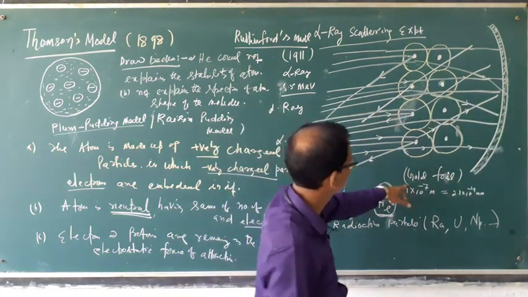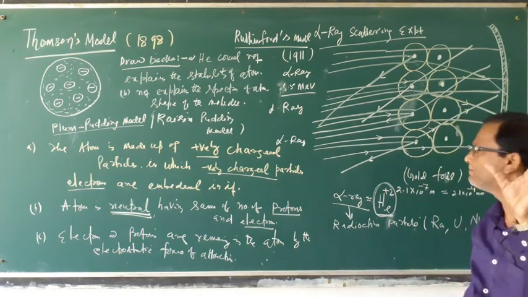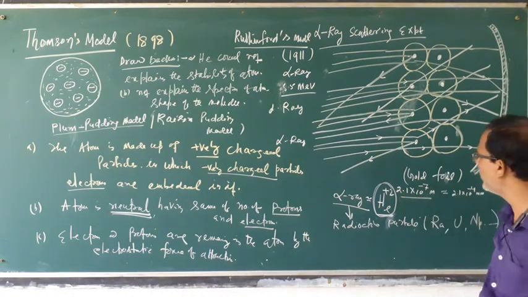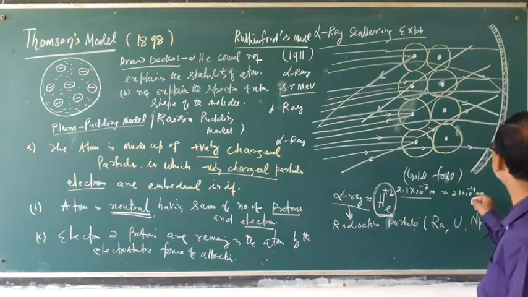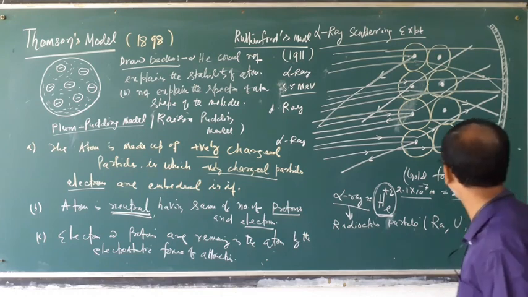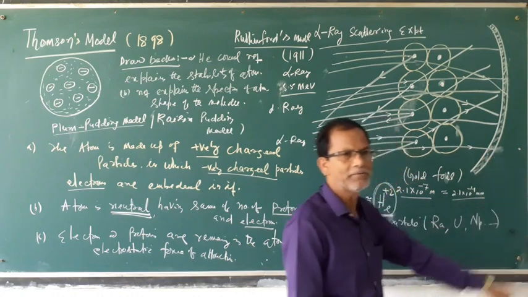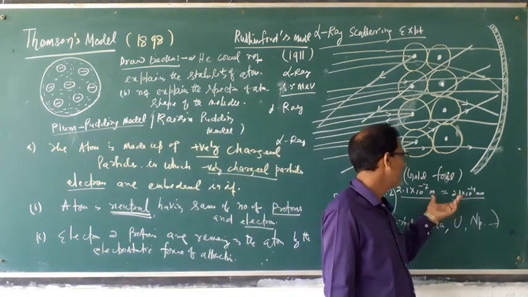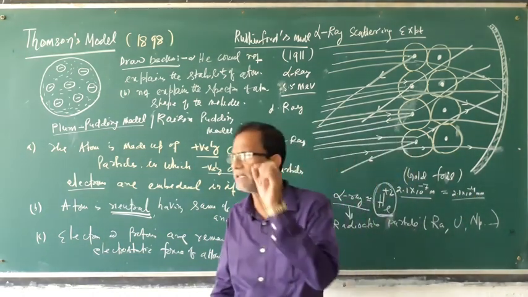Gold foil. This very thin gold foil, how thick is it? 2.1 into 10 to the power minus 7 meter. That means in millimeter, 2.1 into 10 to the power minus 4 millimeter, very thin.